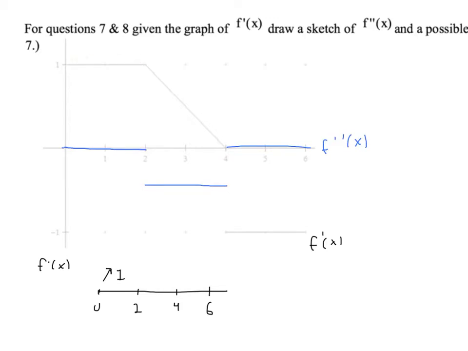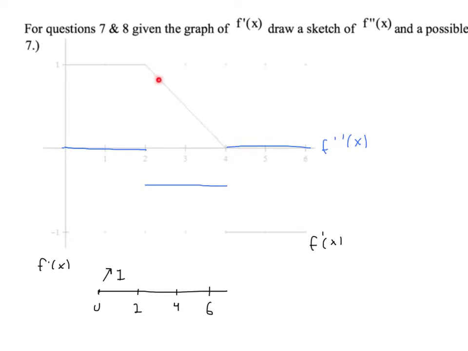It has no concavity, so it's a straight line. We talked about that in question 1. This is a horizontal line here, so the function will have no concavity. It will be just a straight line.